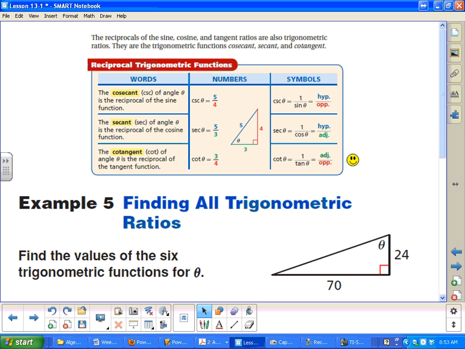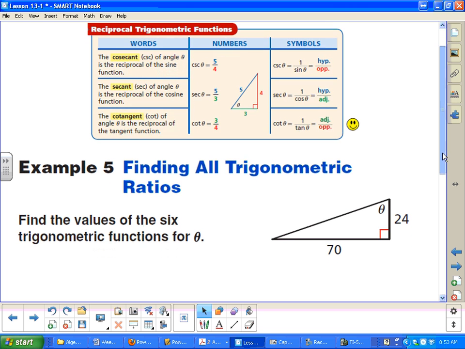All right, and we'll do that when we do this problem. And if you look back at the triangle we used in example 1, you could see that it was still that same 3, 4, 5 right triangle, and all of those numbers were just flipped over. Okay.